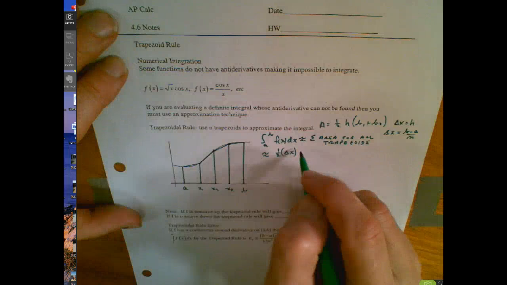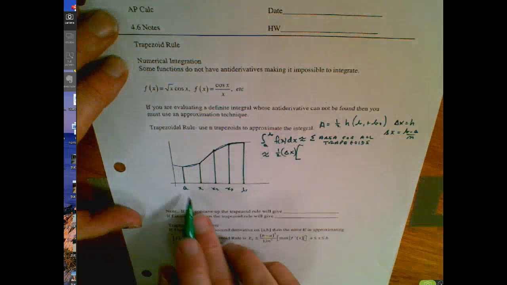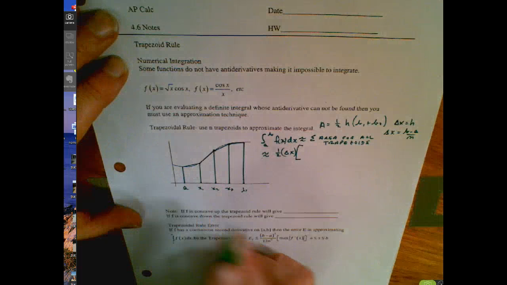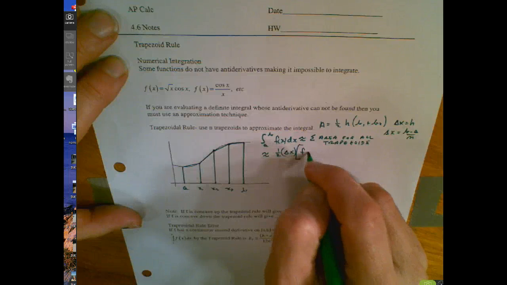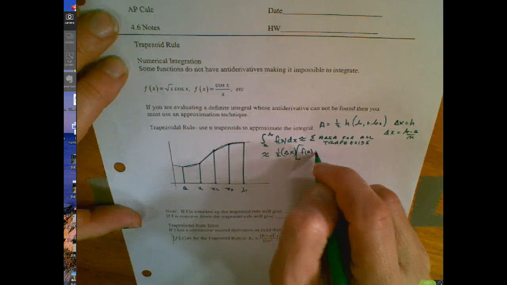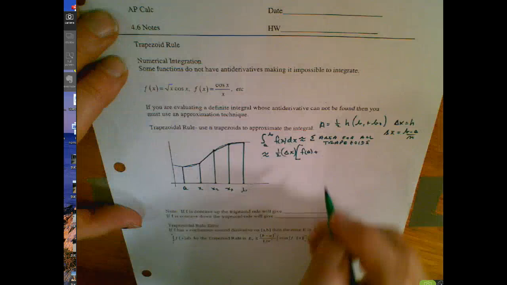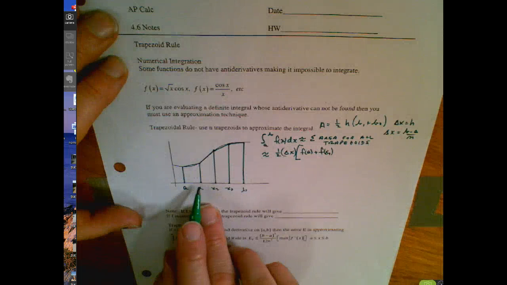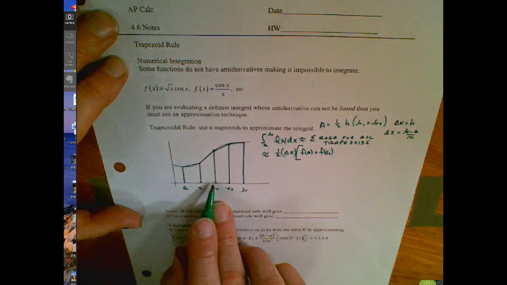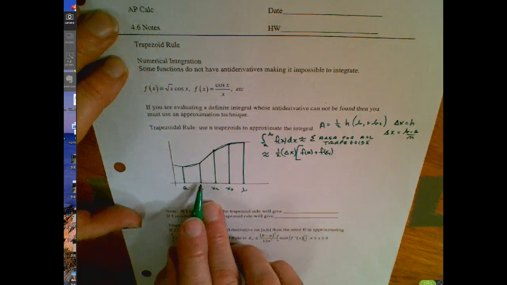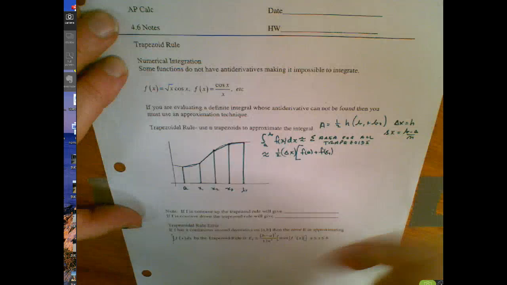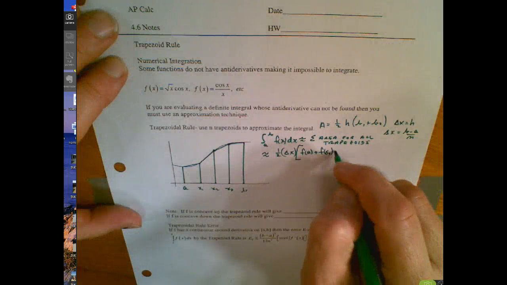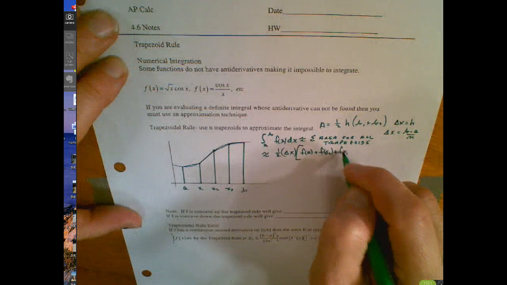If we look at the different values here, notice the left side, which is b1, would be f of a. Okay, and then plus f of x sub 1. So that would be my b2. But then for the next trapezoid, f of x sub 1 is also my left side, which is b1. So we'll have f of x sub 1.